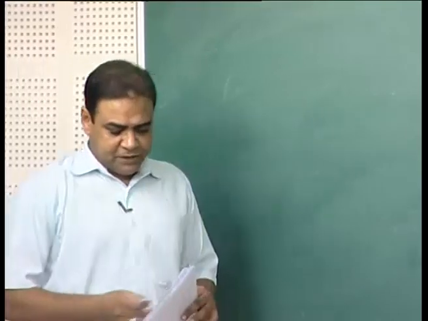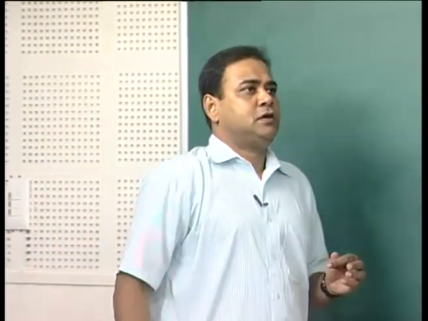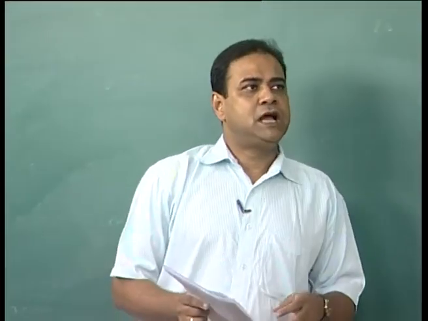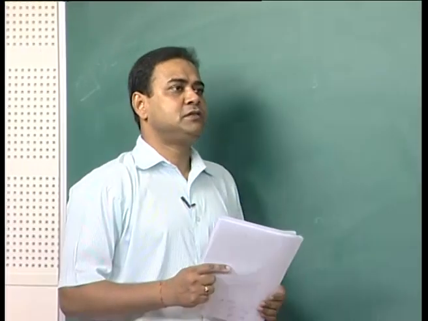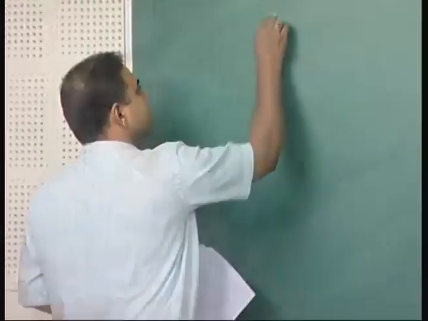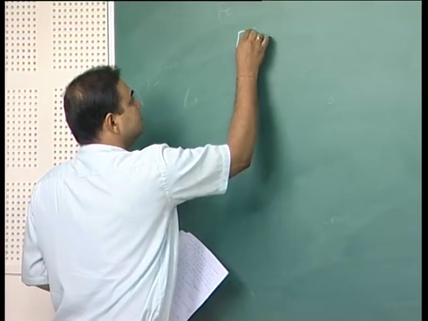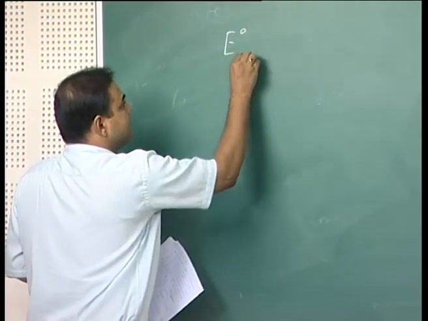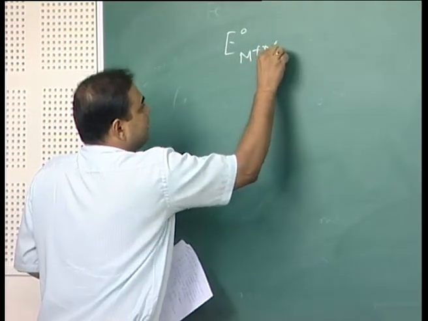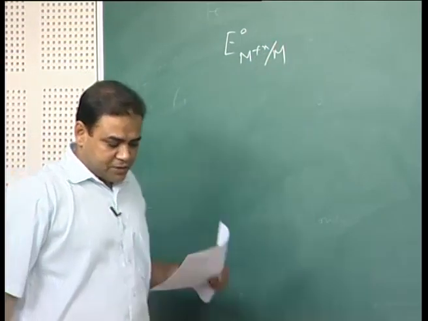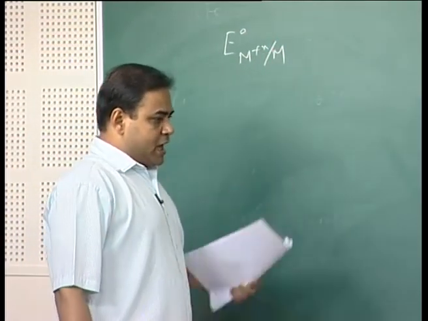Now, we know the concept of single electrode potential, in the reversible condition and in the standard state, E0 of M n plus to M. This is standard reduction potential. And what does it mean?